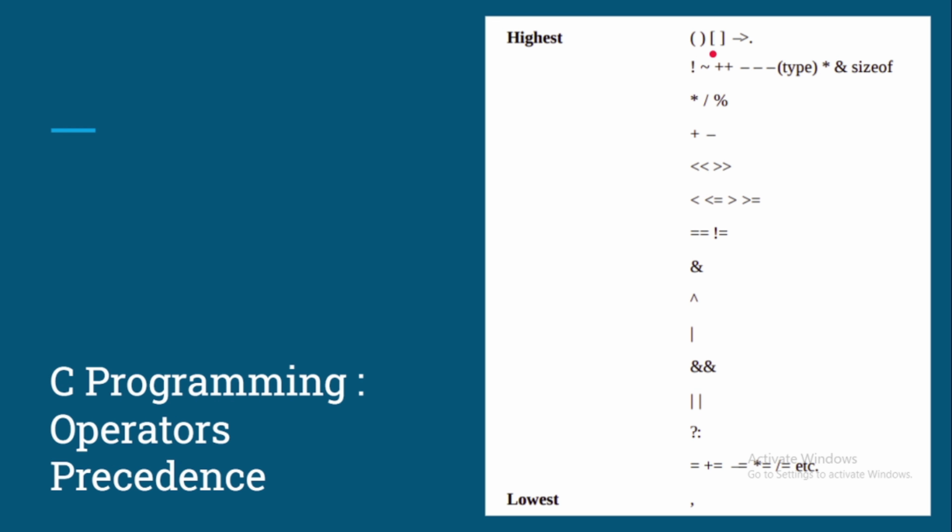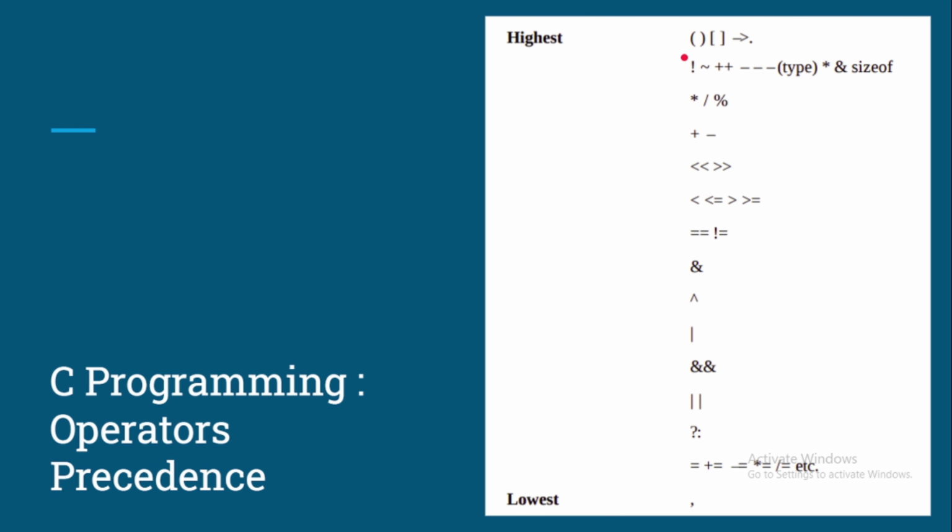In high school mathematics, if we have x plus y in brackets, and then again a plus b, we first solve our brackets. We do the sum of x and y, then the sum of a and b, then whatever sums come, we multiply them.